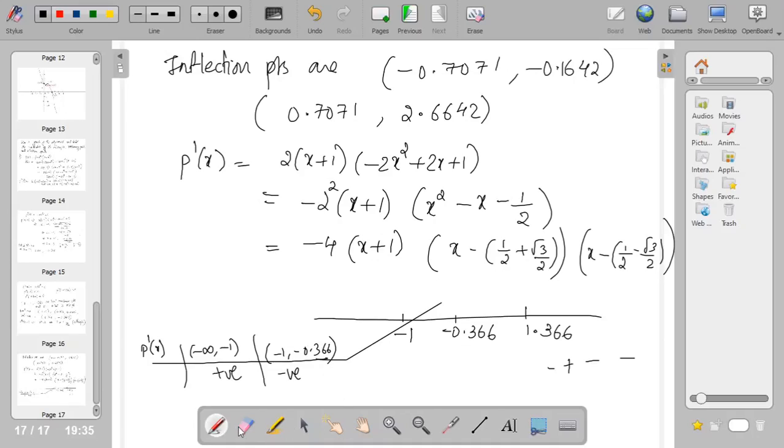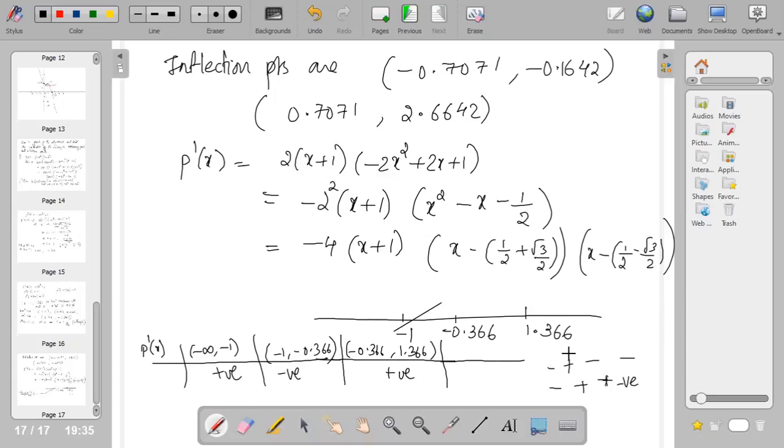In the next interval, minus 0.366 to 1.366, the terms are positive and positive and one negative, so you will get a negative value.